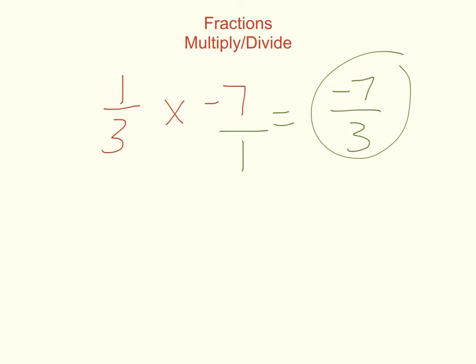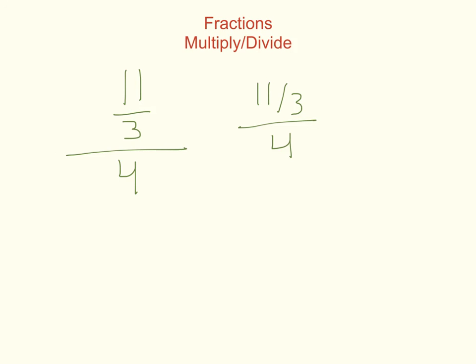Let's look at a division problem with this. Let's say we had 11/3 over 4. A little better way to write it is like this, so you can tell that the fraction is this part on the top. So we've got 11/3 over 4.